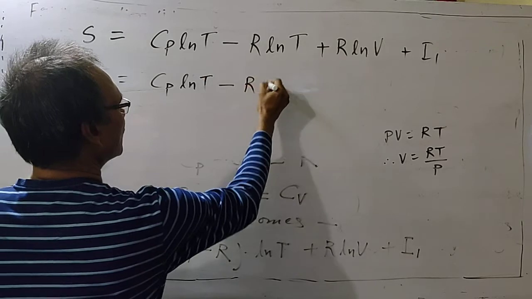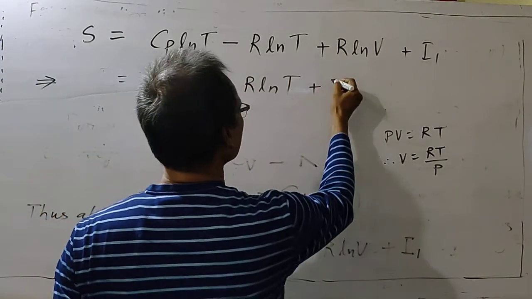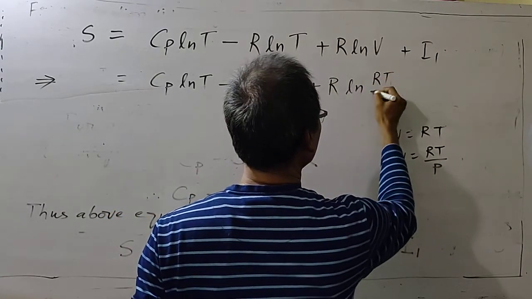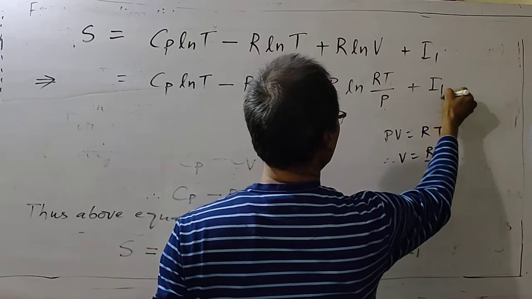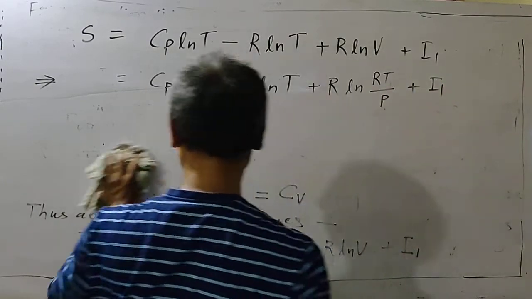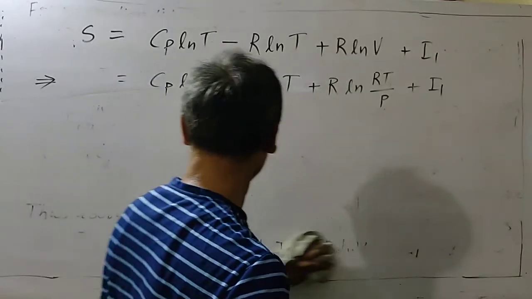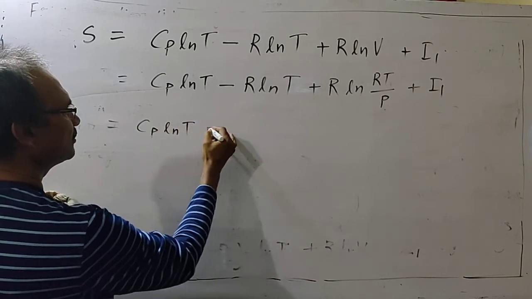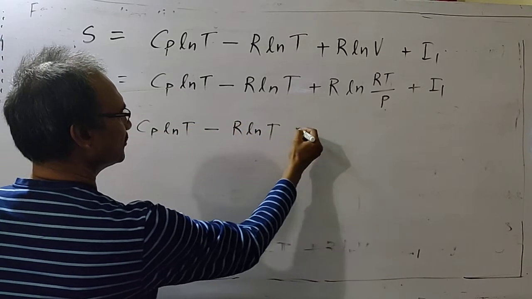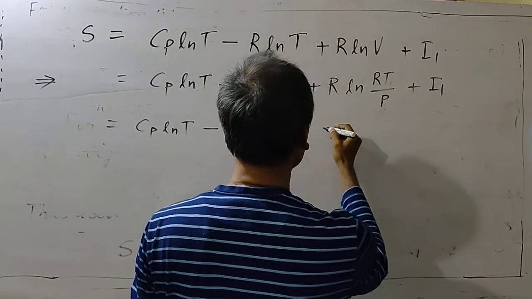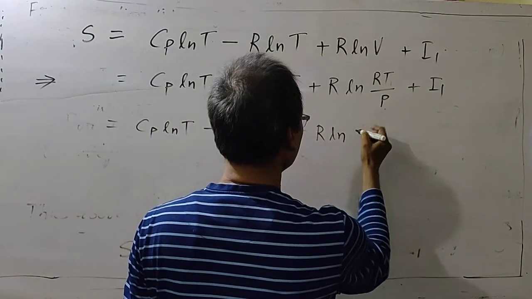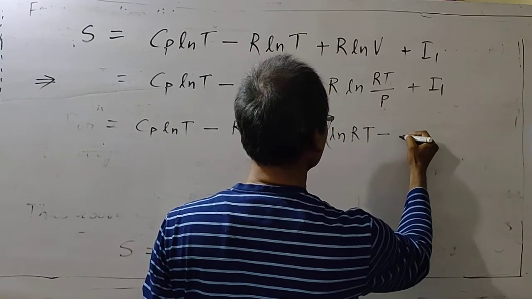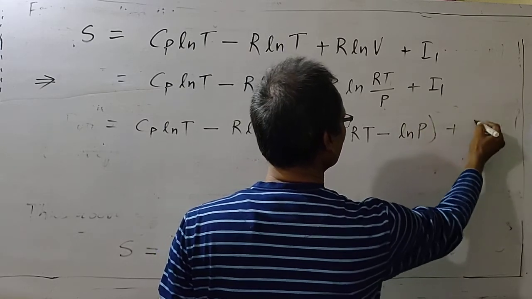Cp ln T minus R ln T plus R ln RT by P plus I1. This is equal to Cp ln T minus R ln T plus R, and this becomes ln RT minus ln P, plus I1.